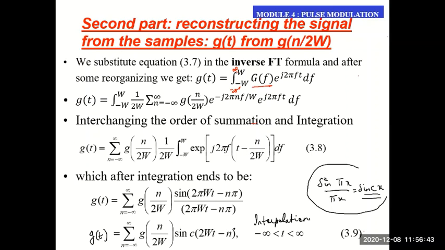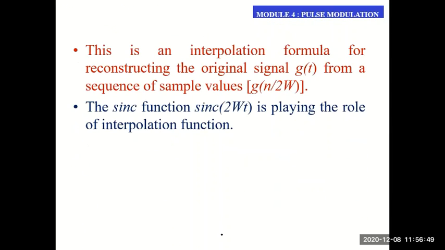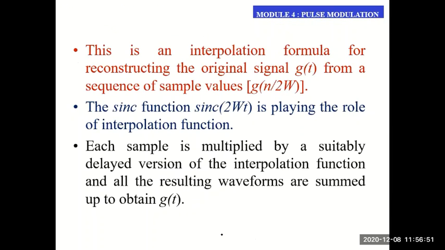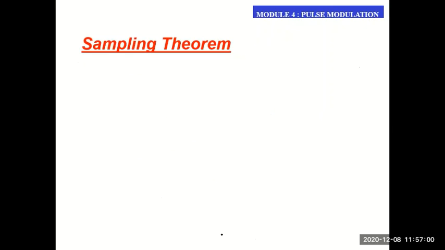You see the sinc function also has n. So it will be multiplied with the delayed versions of the sinc waveform or the interpolation function, finally resulting in the required signal g of t. Based on these results, we will redefine the sampling theorem a little more specifically.